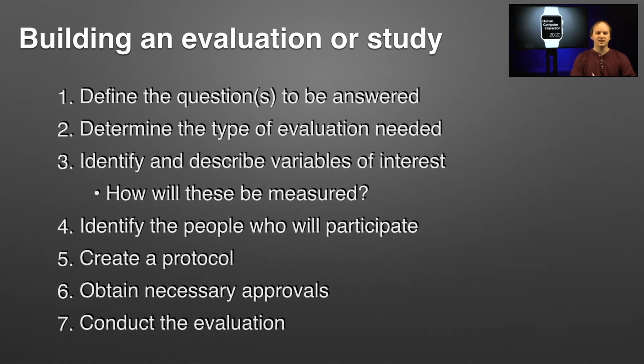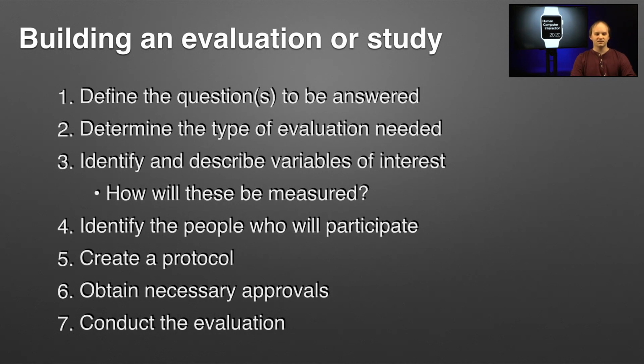Once we've decided that, then we start to get into the really important part of identifying and describing our variables of interest, so the things we want to measure when someone's using the system. And then we have to decide how we're going to measure those. So those are really critical things, and we'll talk about those in detail. Then we also need to identify who's going to participate in evaluating our interface.